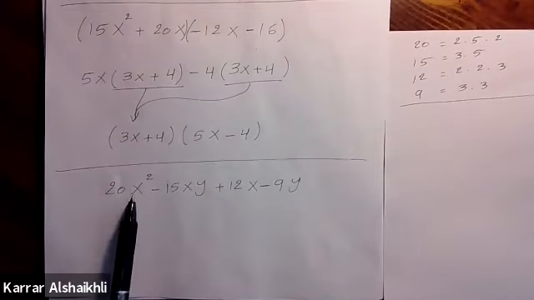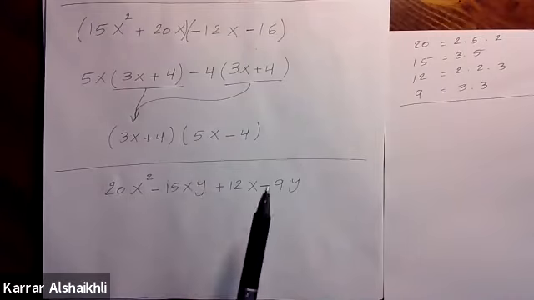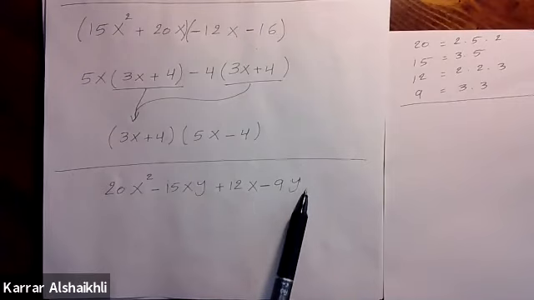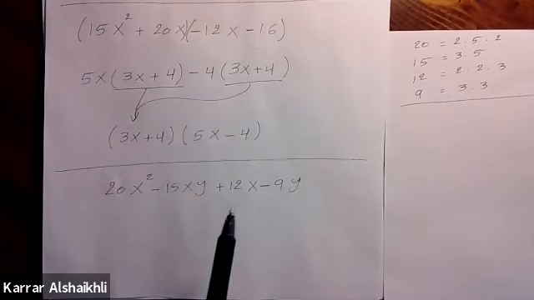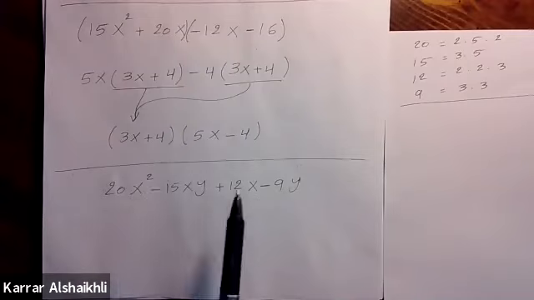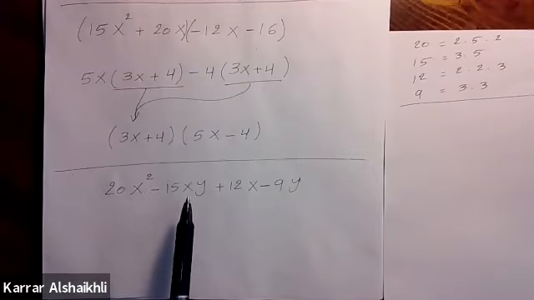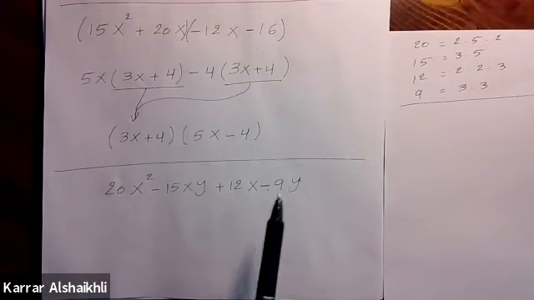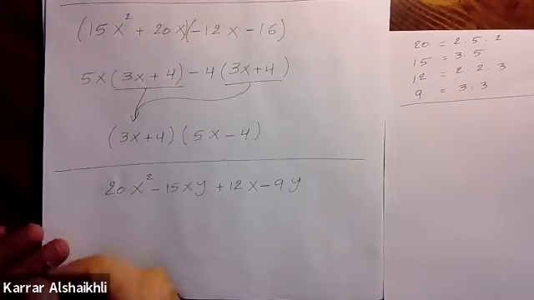There's x squared here, there's an x here, there's an x here, but there is no x here. That means the x is not a common variable in all these terms. What about the y? There is no y here. There is a y, there is no y here. There is a y. So the y is also not a common. So we have to go to the next step, which is grouping.